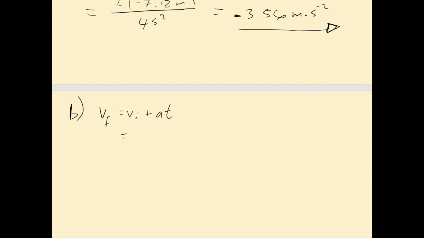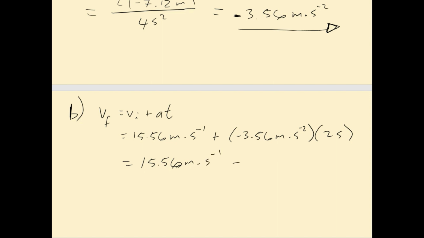So Vi was 15.56 meters per second, plus the acceleration, which is negative 3.56 meters per second squared, times the time, which is 2 seconds. Let's also just use the calculator: 15.56 meters per second minus 7.12, and the seconds to the minus 2 times the second becomes seconds to the minus 1, so our units are consistent.